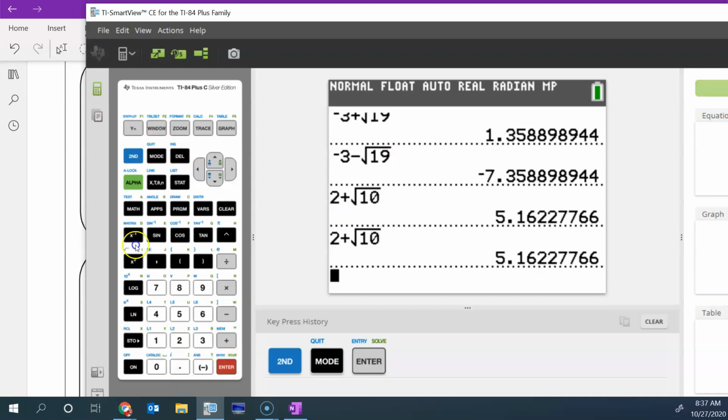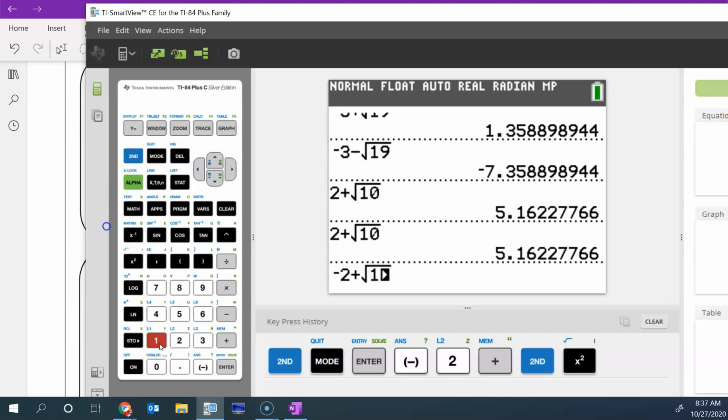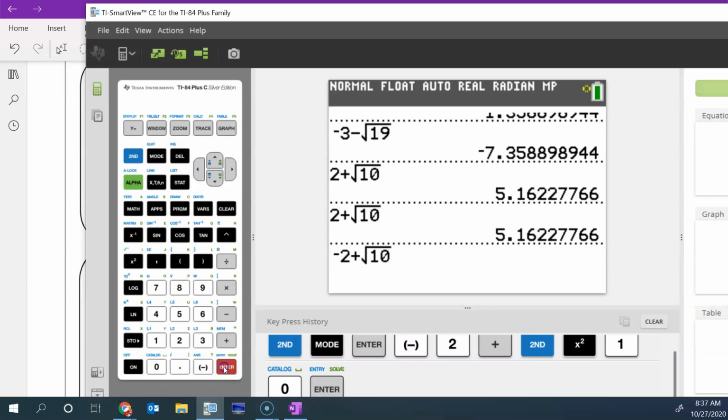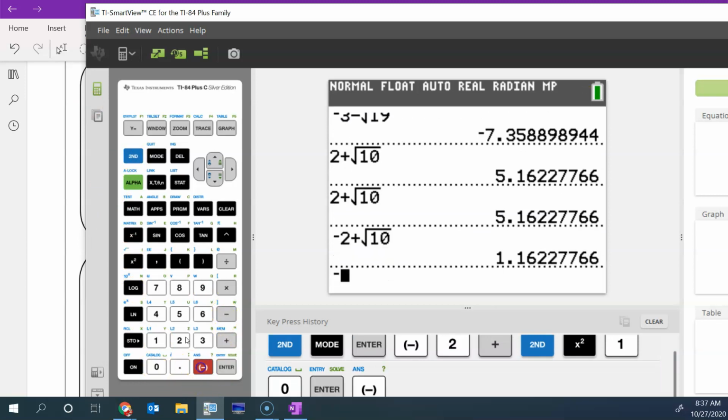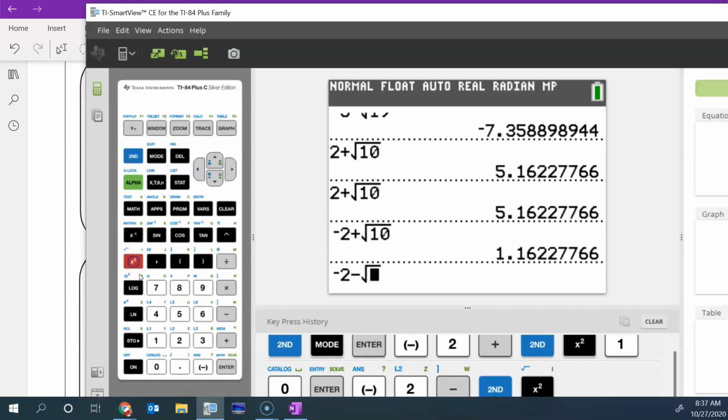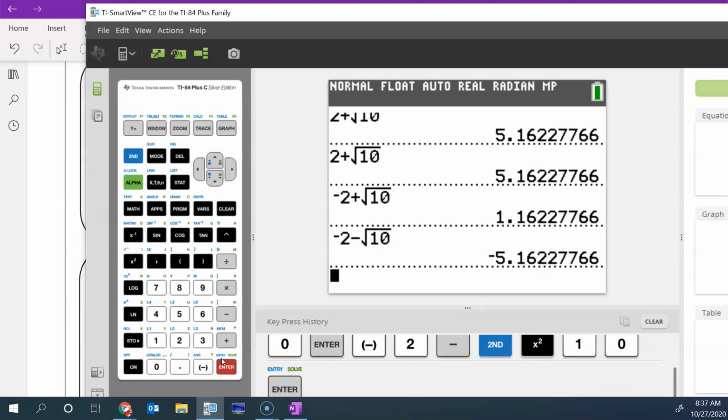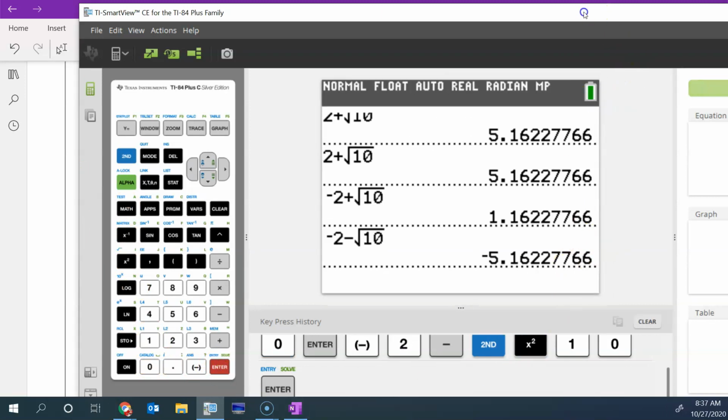Okay, so -2 plus, 2 minus second. And that's the two x-intercepts as decimals.